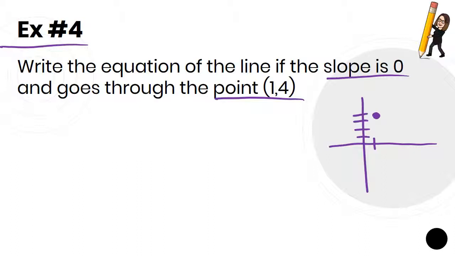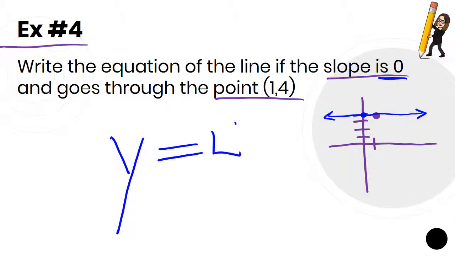If my slope is 0, what kind of line does that look like? You guys, a slope of 0 would look like a horizontal line. Okay, it would go through the y-axis at 4. So this equation is just going to be y equals 4.